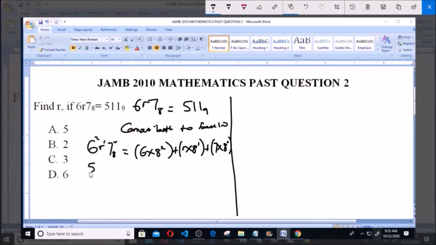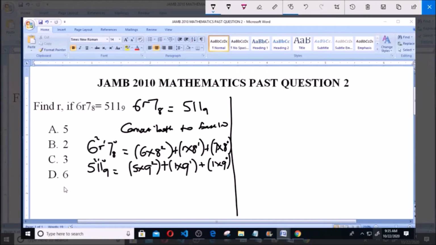Then 511 base 9 will be equal to 5 multiplied by 9 raised to the power of 2, same way 2, 1, 0, plus 1 multiplied by 9 raised to the power of 1 plus 1 multiplied by 9 raised to the power of 0.